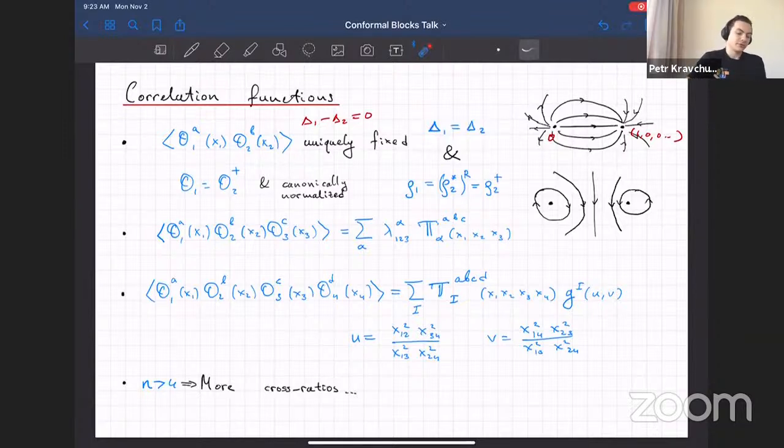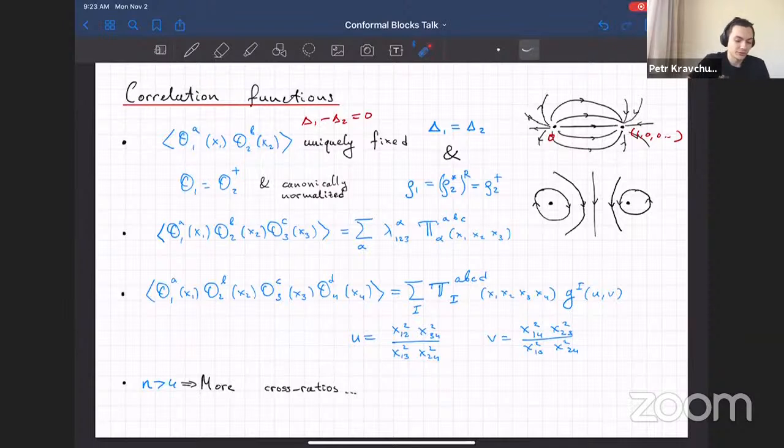Similarly, there is another kind of transformation which rotates the 2 points in opposite directions. These transformations move everywhere. They have these 2 fixed points, and in the neighborhood of one fixed point, it rotates, say, clockwise. In the neighborhood of the other, it rotates counterclockwise. Because of the existence of such transformations, the invariant 2-point function can only exist if the index a can be paired with a reflection of the index b.